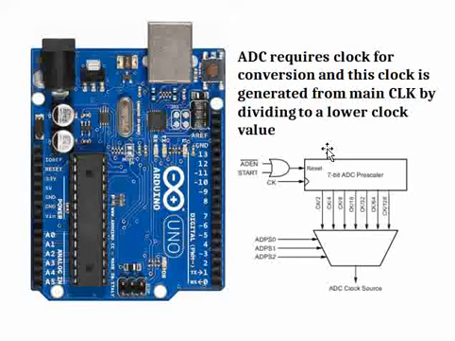We mentioned that the external clock, the crystal that you connect here, can go up to 16 megahertz, right? That's what is connected to the ATmega328P. But we need not operate the ADC at that frequency. Generally, we operate it at 100 kilohertz kind of frequencies.